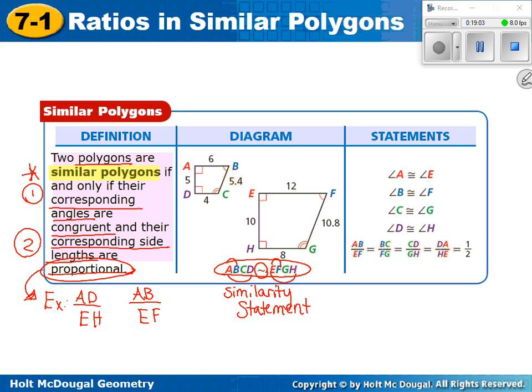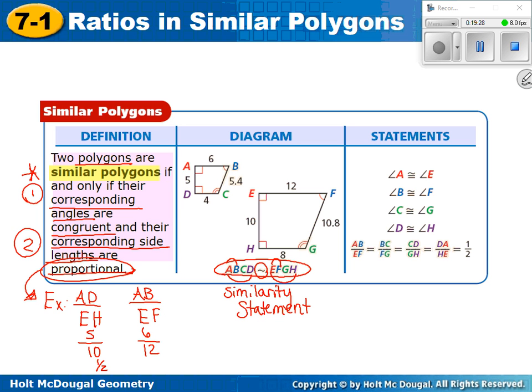Okay, let's plug in their numbers. So what's the length from A to D? 5. What's the length from E to H? 10. What's AB? 6. And what is EF? 12. Now reduce those. What is 5 over 10? 1/2.